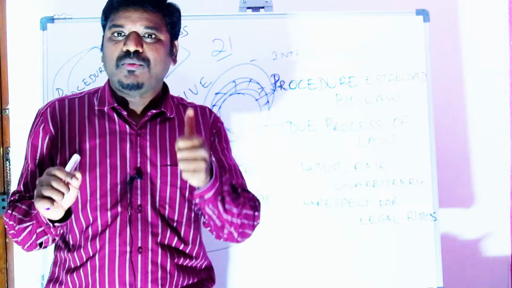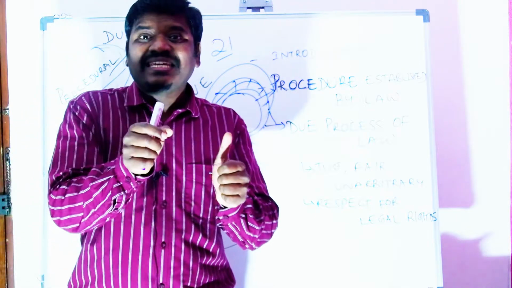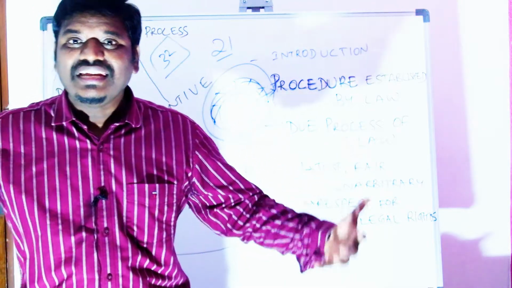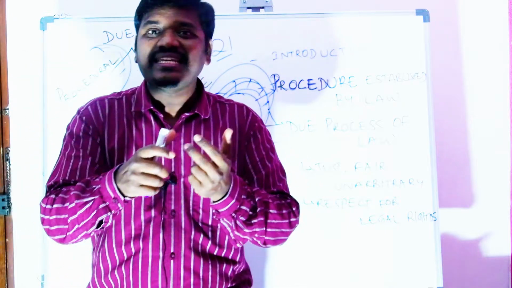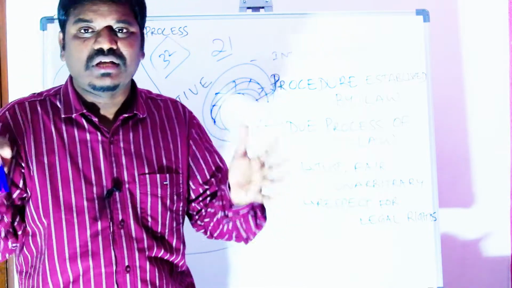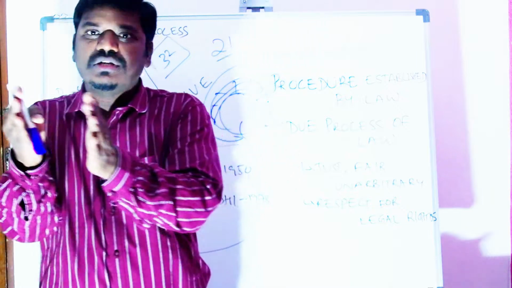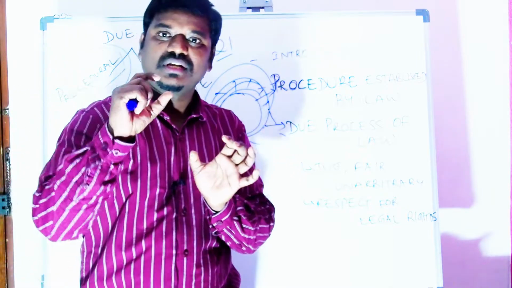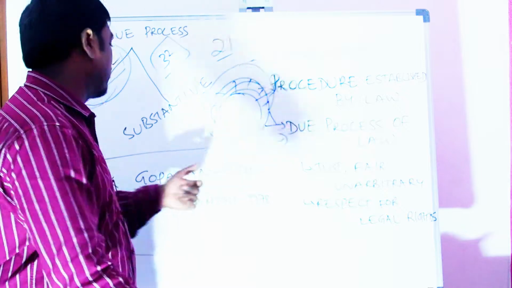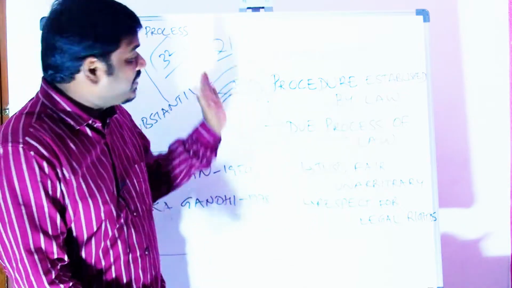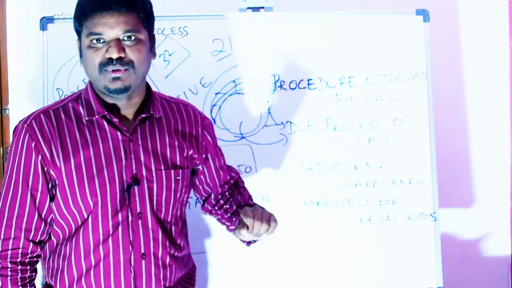We should also understand one point: it did not link Articles 14, 19, 21, 22. It de-linked all those articles. Each article has to be looked at separately. That is what the A.K. Gopalan case says with regard to these two principles.